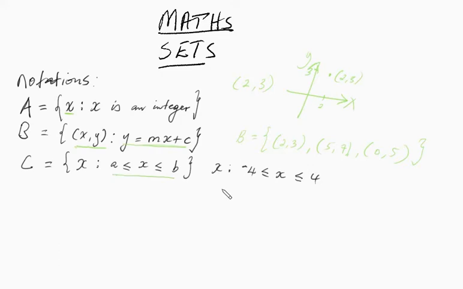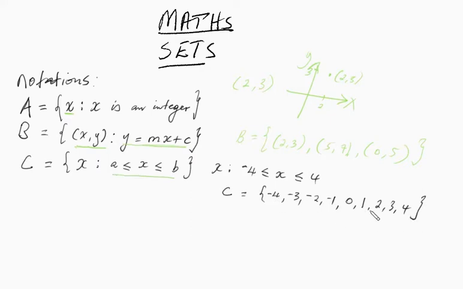This means that the x values in that set, let's still call it set C, would start from -4, -3, -2, -1, 0, right? 1, 2, 3, 4.